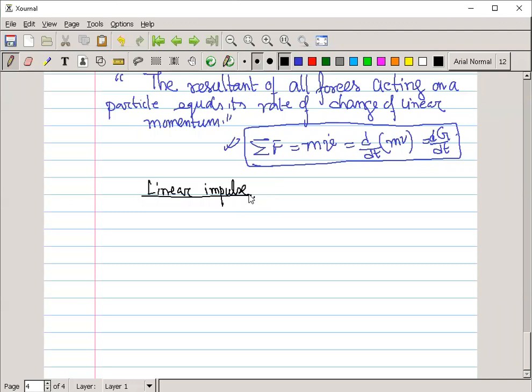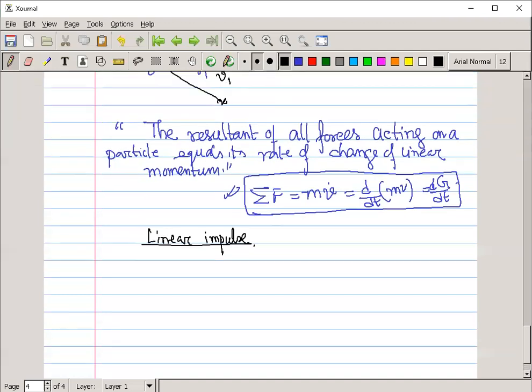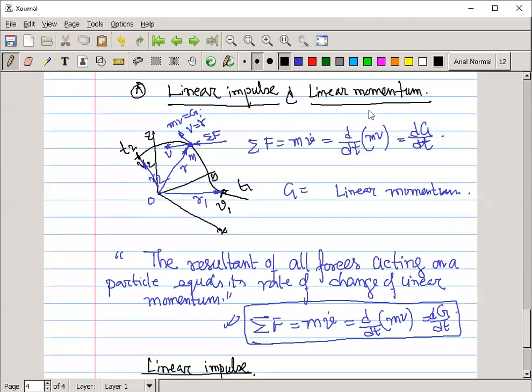What does it mean? If you look at this figure very minutely, suppose a path is there, and for a specific position the particle moves at a certain velocity v, which is nothing but r dot, and due to this force, the amount of linear momentum generated on that particle comes under linear momentum.